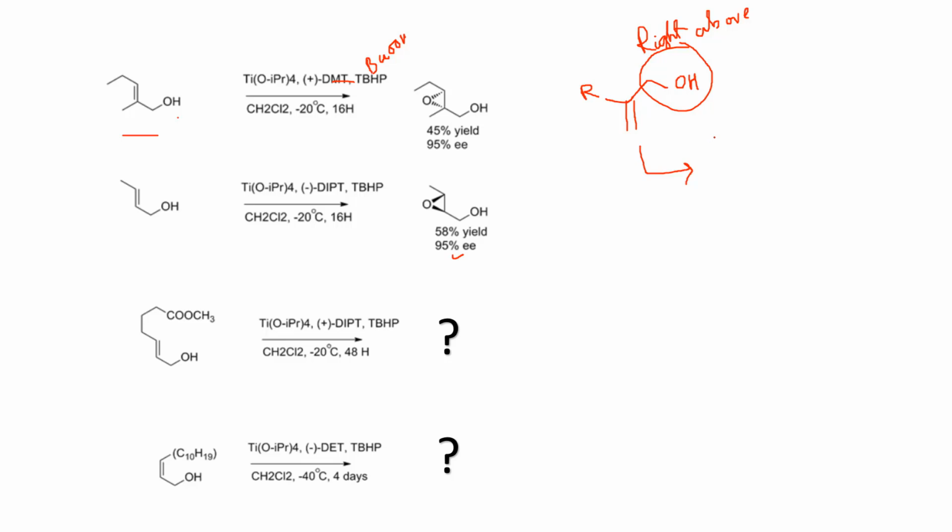if you have given plus diethyl tartarate or DMT or anything, diisopropyl tartarate, you will give a wedge, that is a positive, that is an above the plane epoxide.